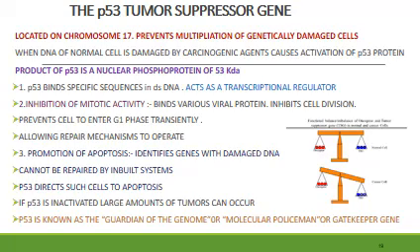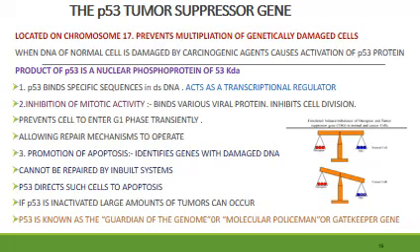Now, the product of p53 protein is a nuclear phosphoprotein of 53 kilodaltons. The p53 will bind to specific sequences in the double-stranded DNA and act as a transcriptional regulator. It can cause inhibition of mitotic activity by binding various viral proteins and inhibiting cell division.